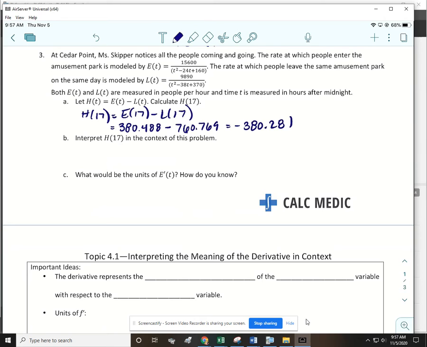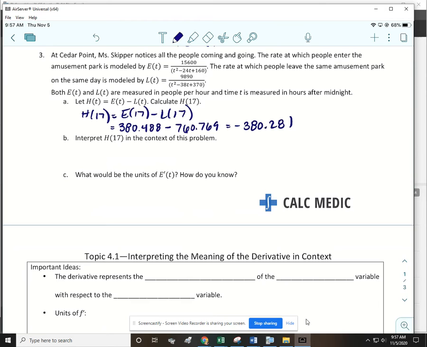All right, then we have to interpret what the meaning of H of 17 is in the context of this problem. So we didn't really talk about what H of t is. We talked about E and L. And if we take the rate at which people are entering and subtract the rate at which people are leaving, that should be the rate of the total number of people in the park.